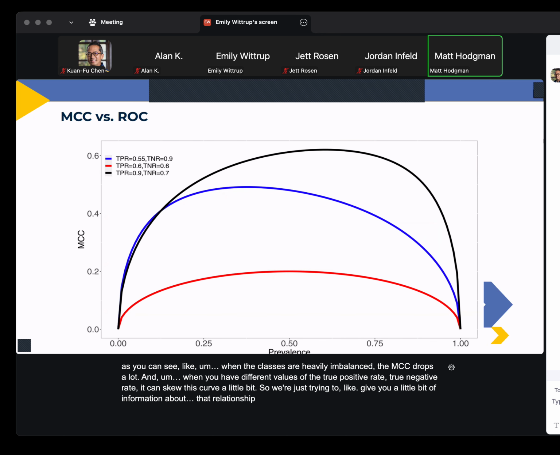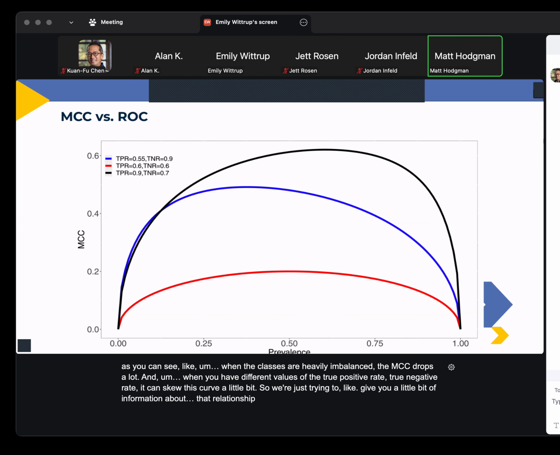So for every coordinate on this plot, there are multiple values of MCC that could be related to that position. And the color in here shows the best case scenario, so the highest possible MCC value for that point.